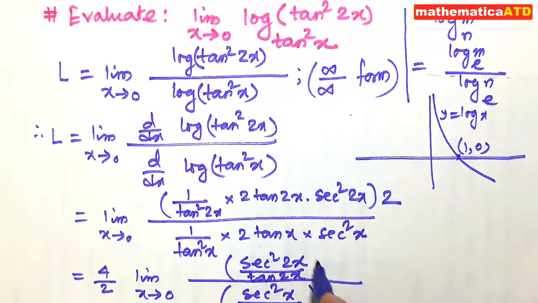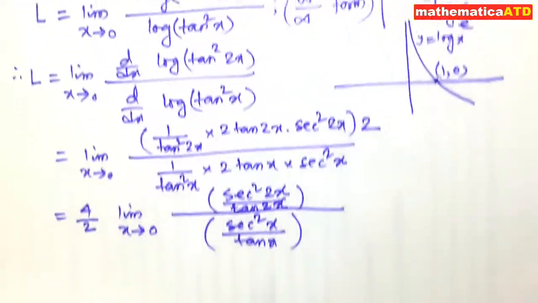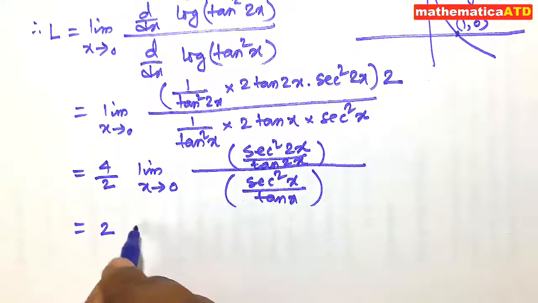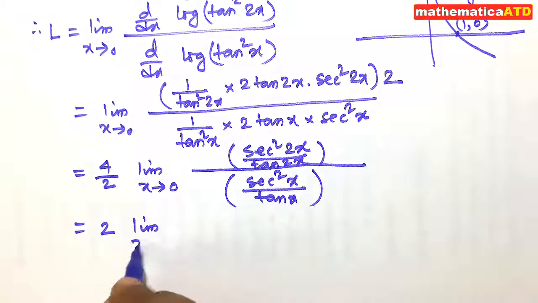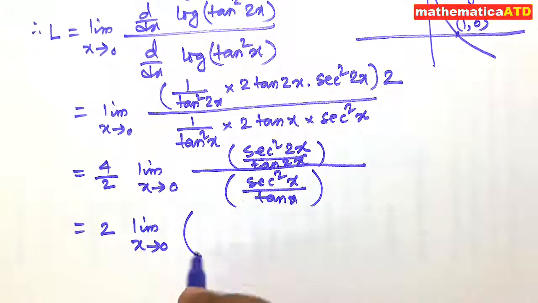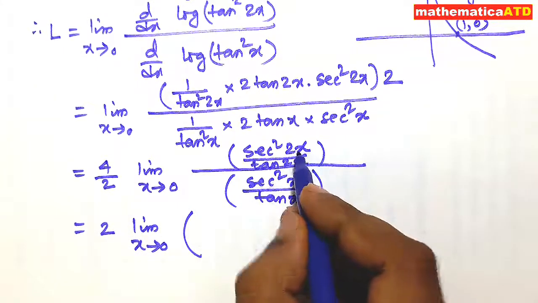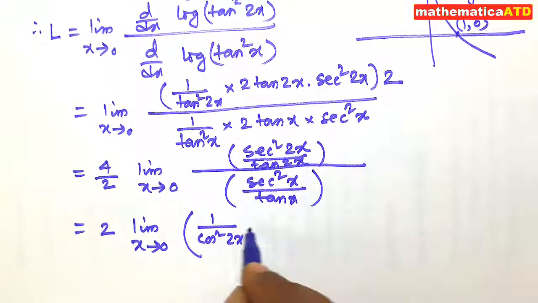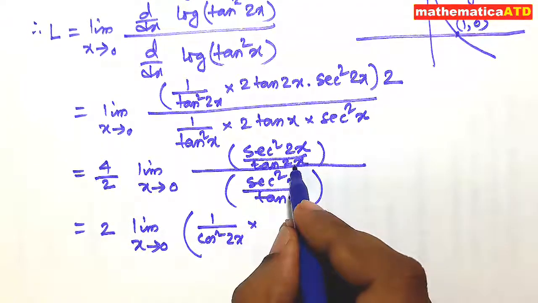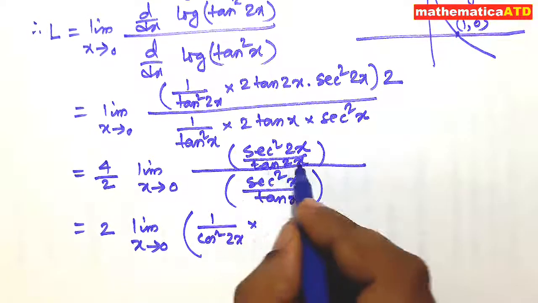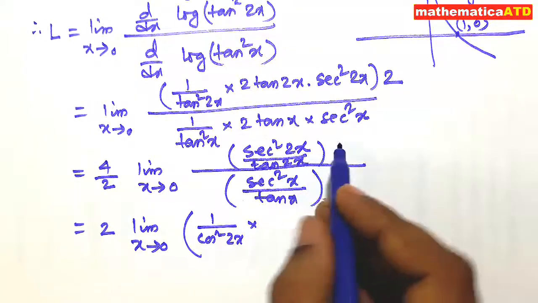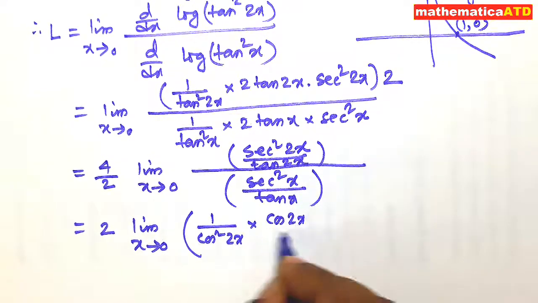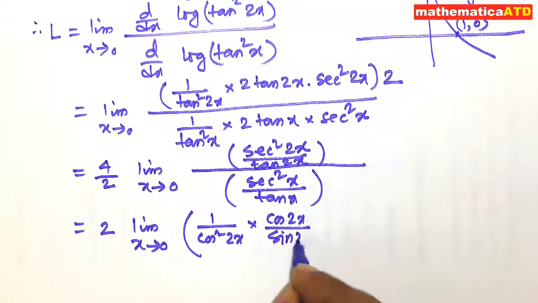In the next step we can write this as 2 limit x tends to 0. Sec square 2x can be written as 1 by cos square 2x, and 1 by tan 2x means cot 2x, so cot 2x can be written as cos 2x divided by sin 2x.